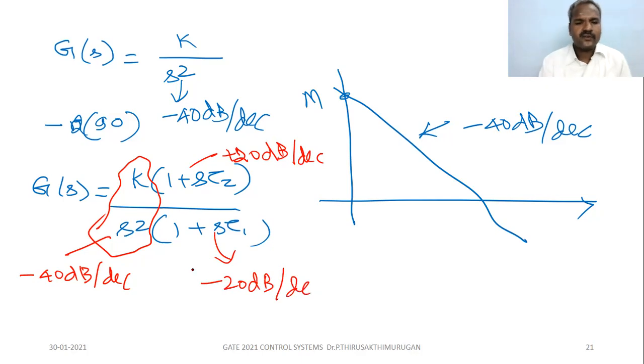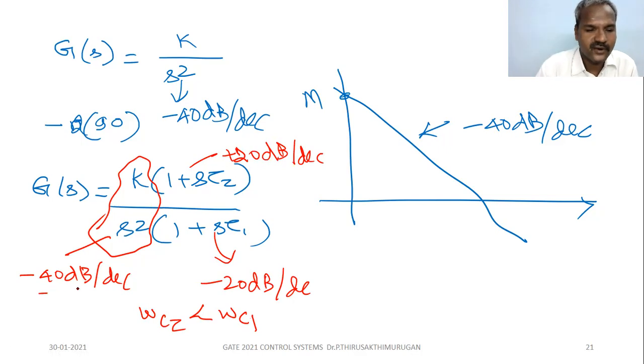So there are two corner frequencies. Assume omega c z is lesser than omega c 1. So what happens at the corner frequency? Initially minus 40 dB, then adding 20 dB becomes minus 20, then the slope change occurs again.